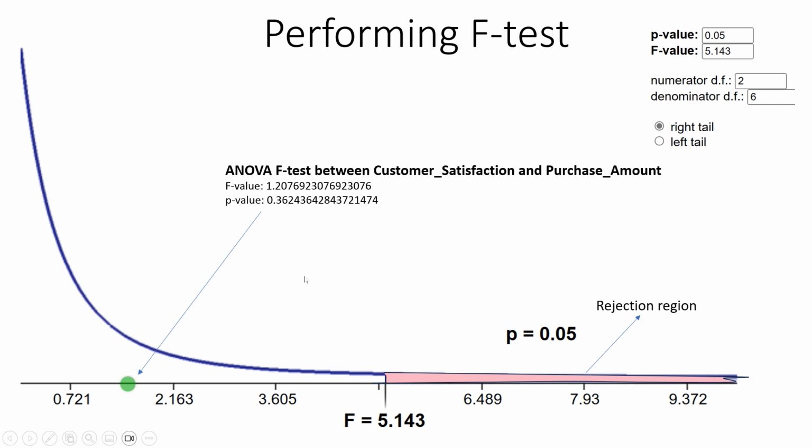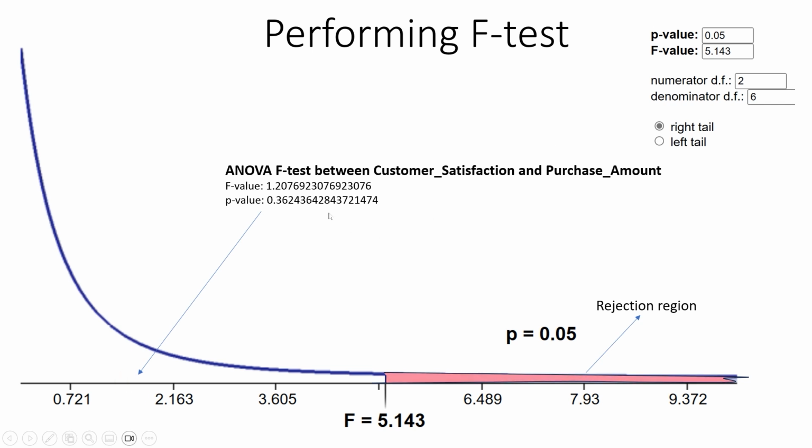My F value is lesser than the critical F value, or in other words, my observed F value is not falling in the rejection region. So I fail to reject the null hypothesis. Hence, there is no statistically significant relationship between customer satisfaction and purchase amount.